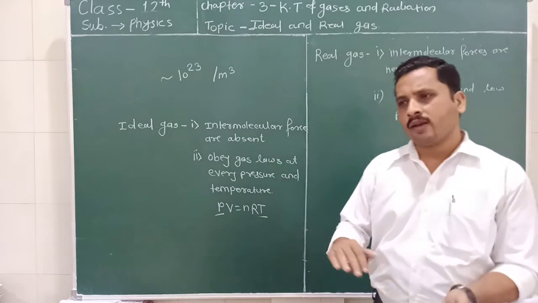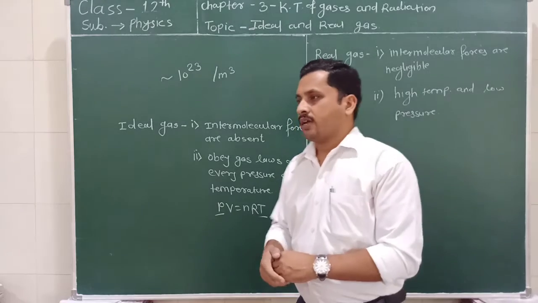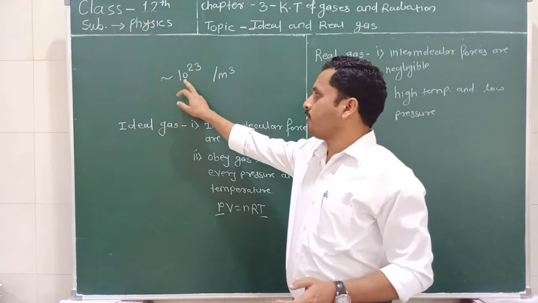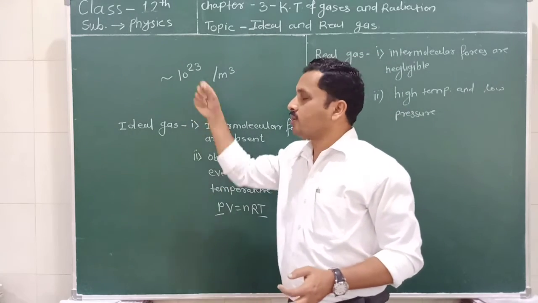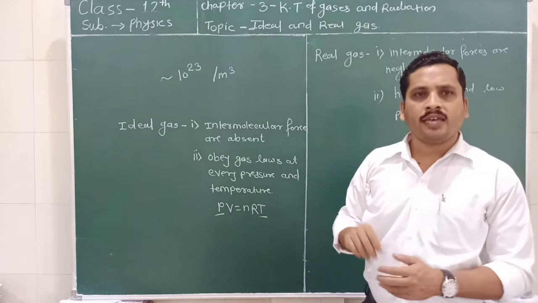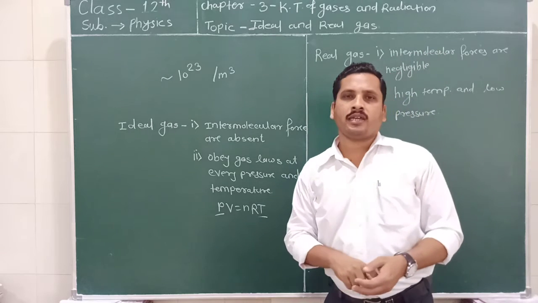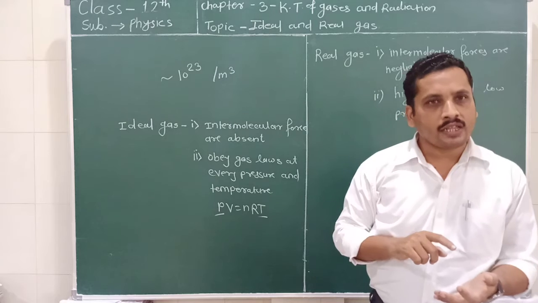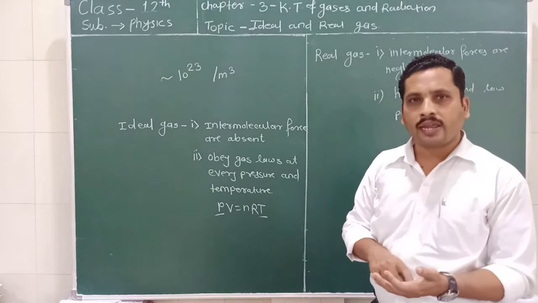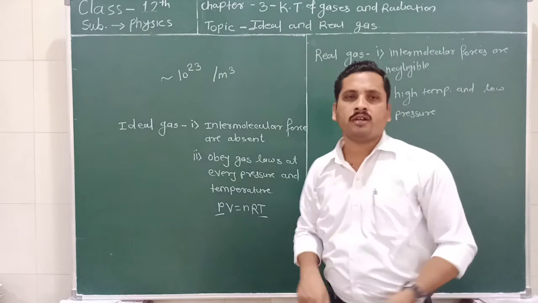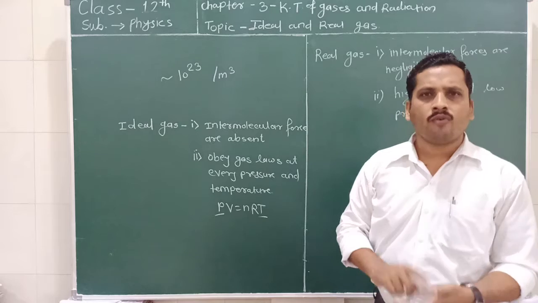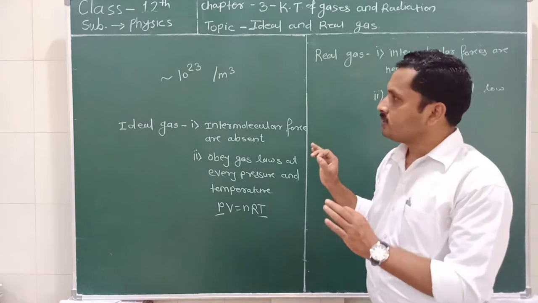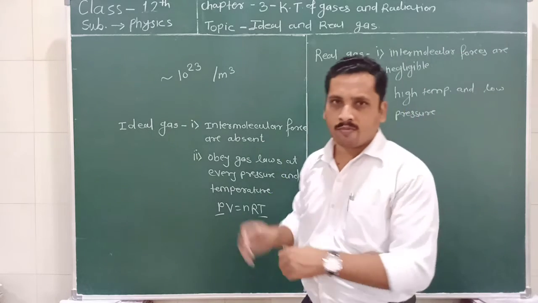While they are moving, the number of molecules in a meter cube is around 10 to the power 23. Then there is a possibility that these molecules collide with other molecules as well as with the wall of the container. Now what happens when a single molecule collides with another molecule?